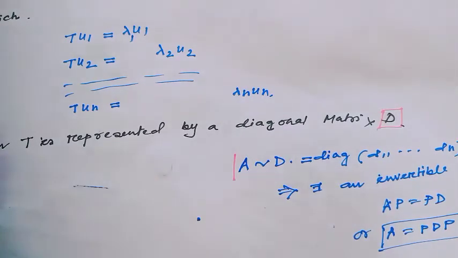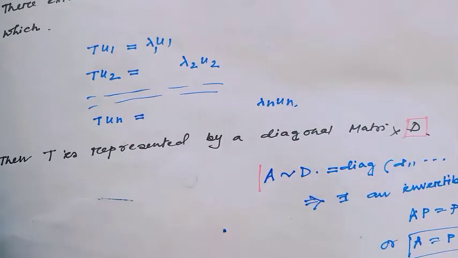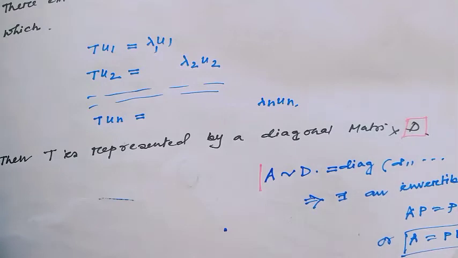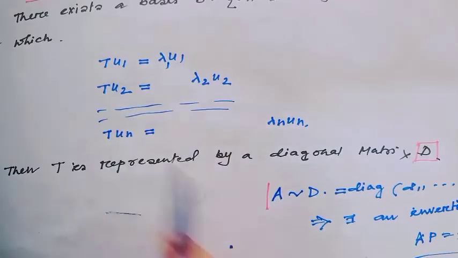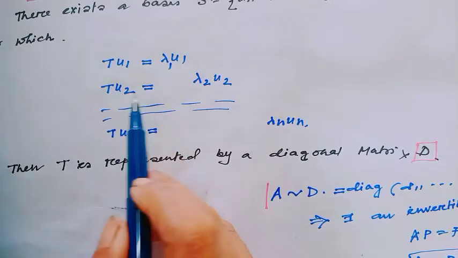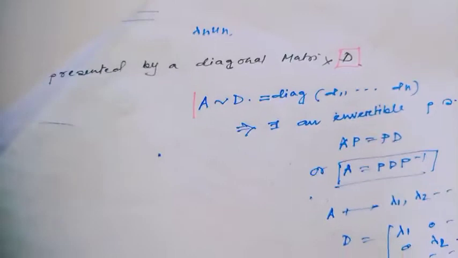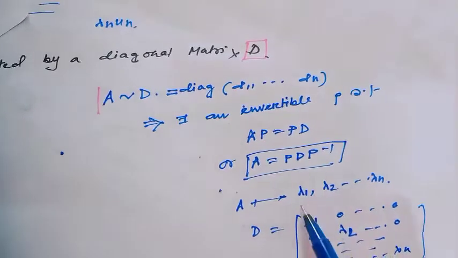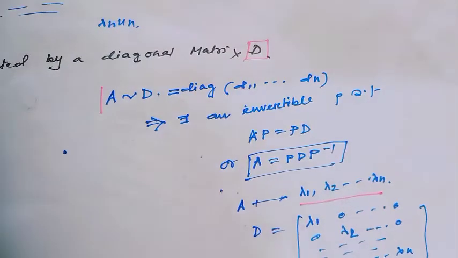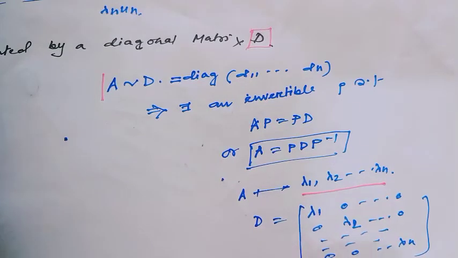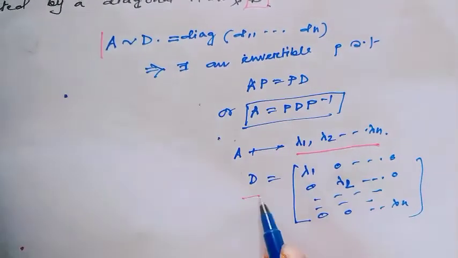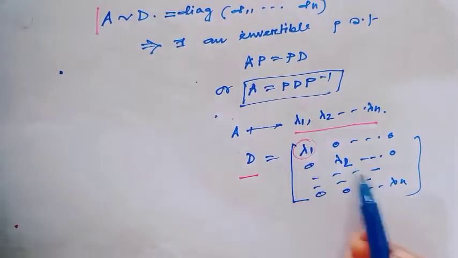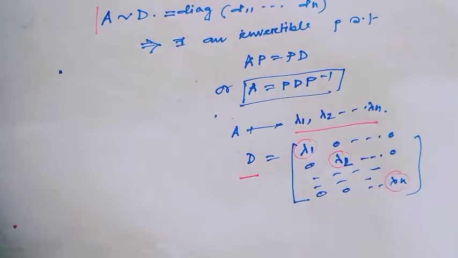And all of us know that for similar matrices the eigenvalues are same. Since this linear transformation is represented by the matrix A whose eigenvalues are lambda 1, lambda 2, lambda n, the eigenvalues of the diagonal matrix are also lambda 1, lambda 2 up to lambda n.